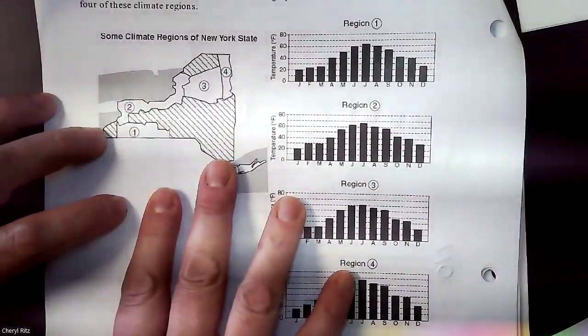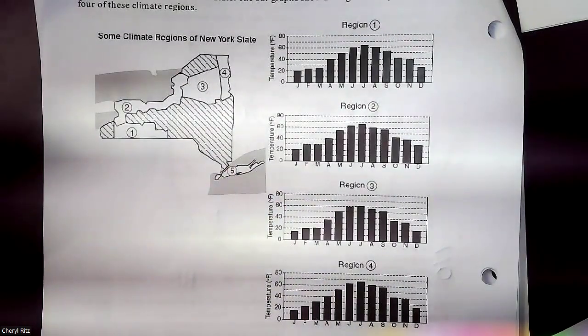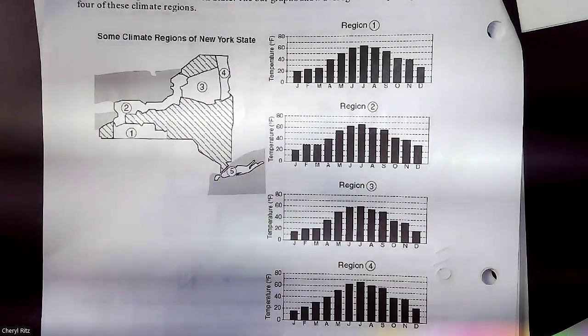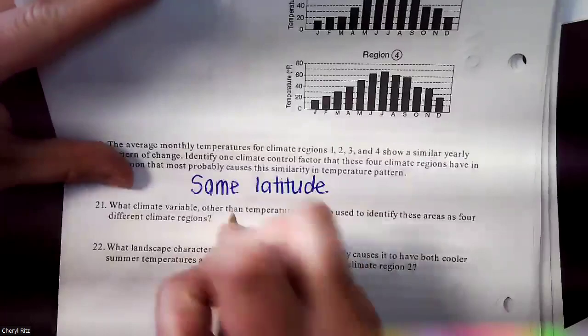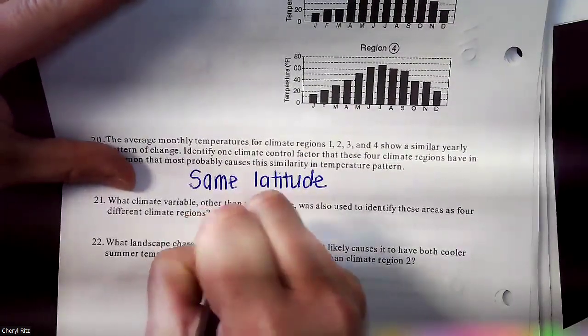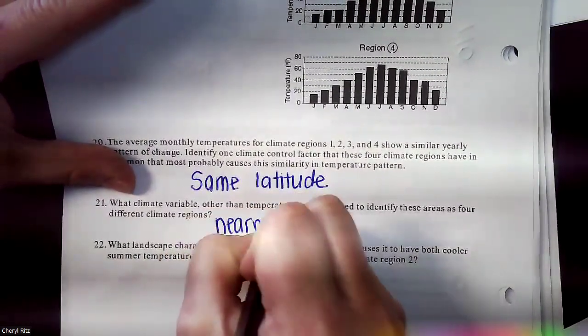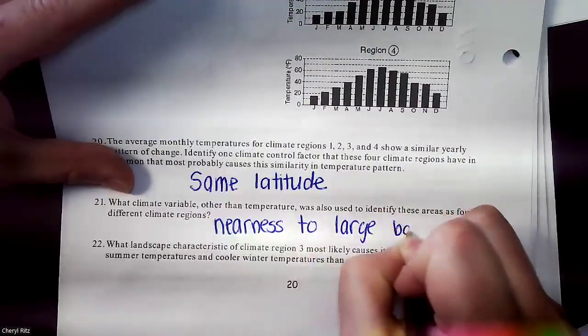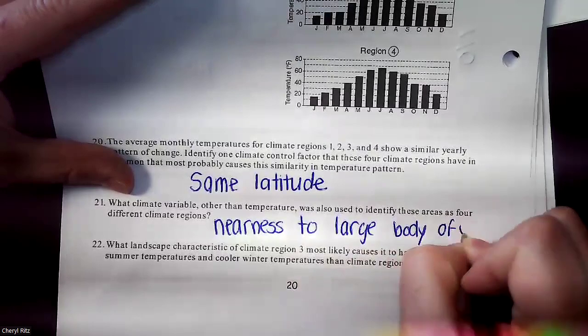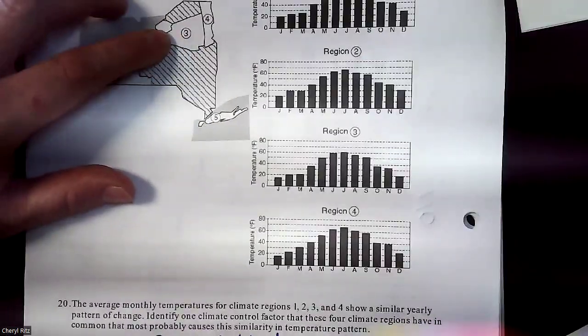They either chose them because of their nearness to a large body of water or how far away they were from the large bodies of water. So the other variable would have been nearness to a large body of water.